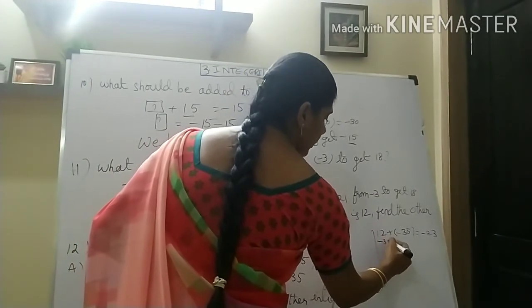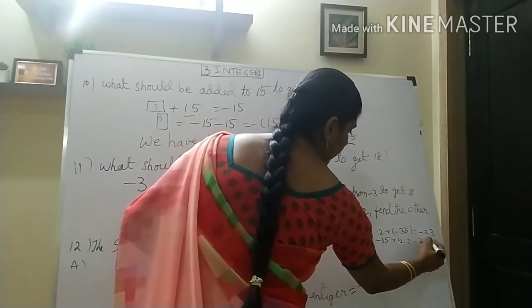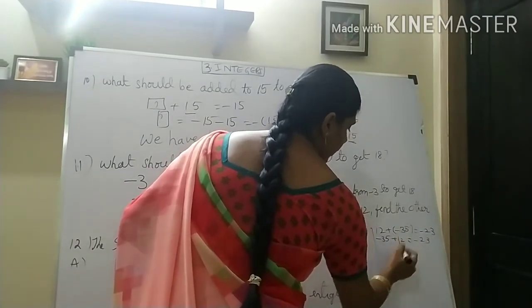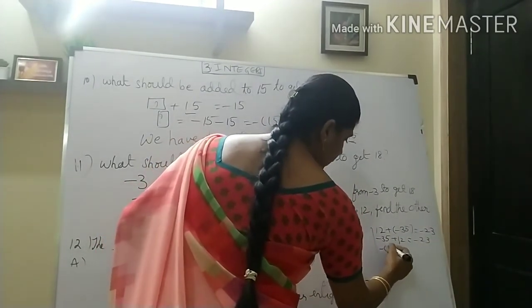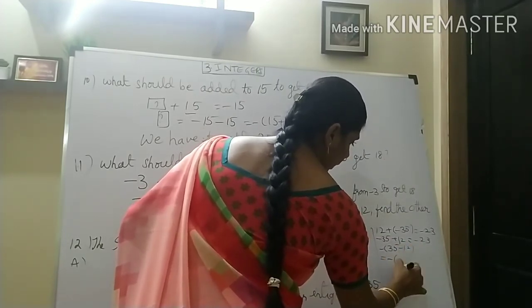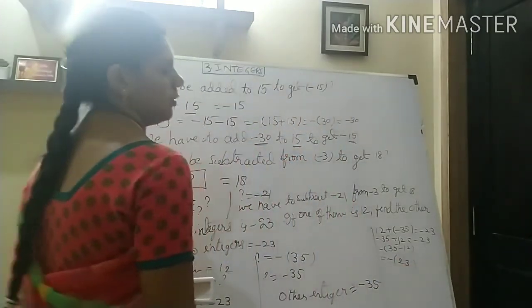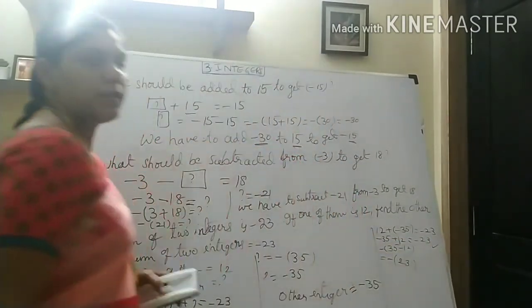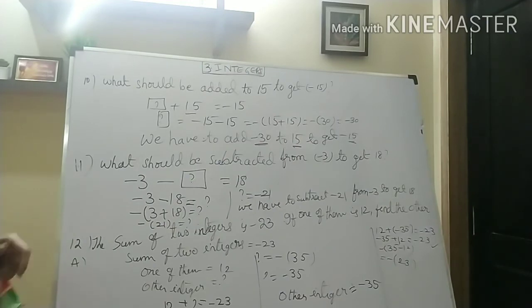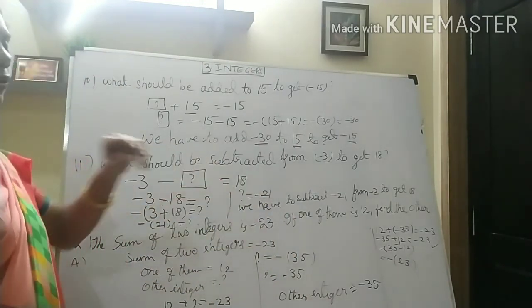So minus 35 plus 12 equal to minus 23. As usual, take minus common. 35 minus 12, how much here? Minus of 35 minus 12, that is 23. Okay, your answer is right. Your process is right. Like that, you have to solve. Is that clear? Note down these problems.